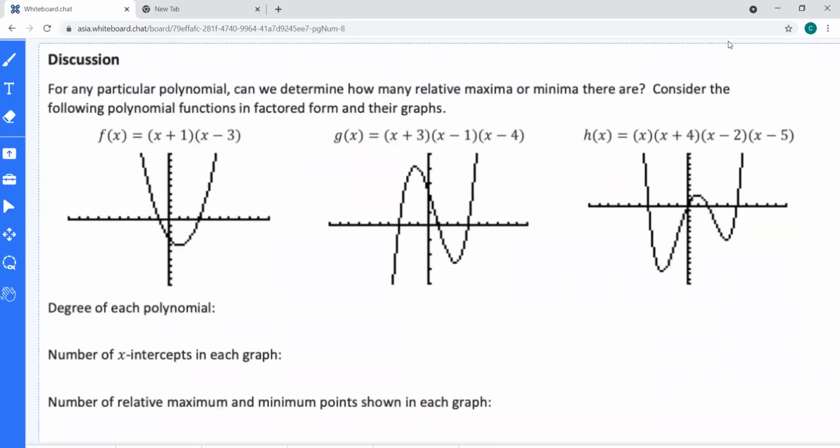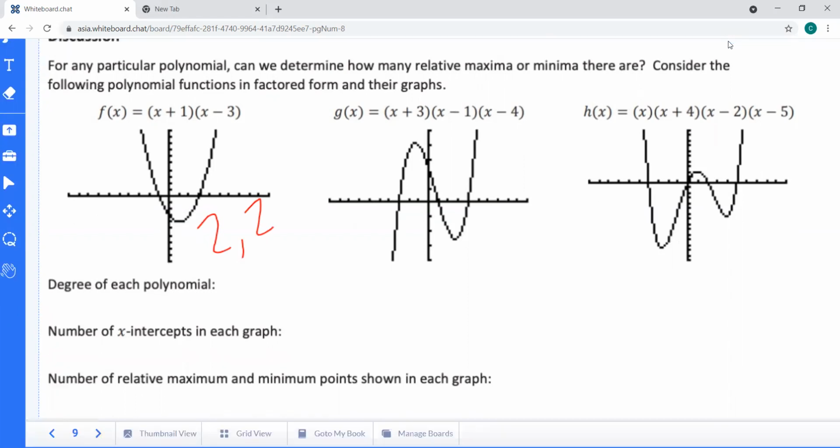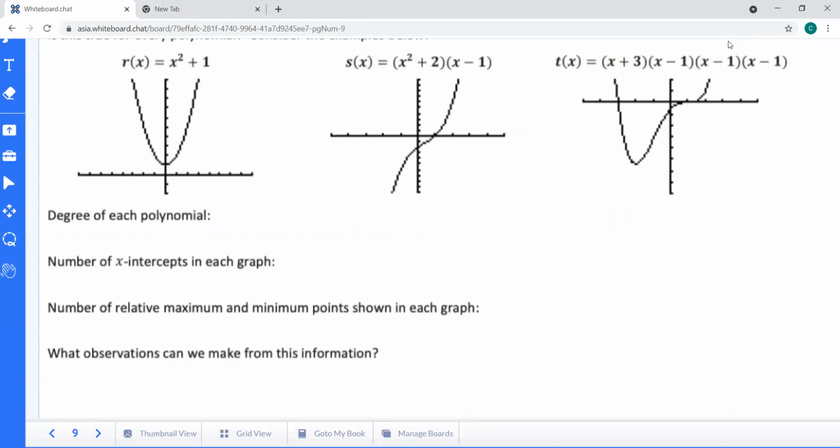Okay, all right, so we know the degrees of the polynomial. Well, this is going to be 2. How many intercepts? 2. Number of relative maximums and minimums. We haven't talked about this, so let me see if I gave it to you on the lesson summary.